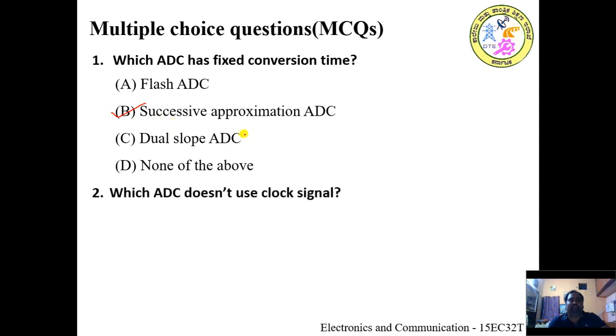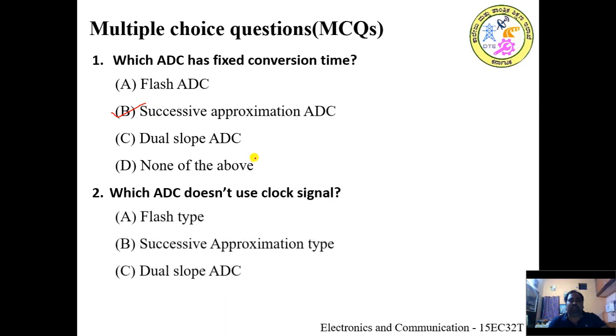Which ADC doesn't use clock signal? Flash type, successive approximation type, dual slope type, and R to R resistor divider network. So here the answer is the fourth one, R to R resistor divider network.